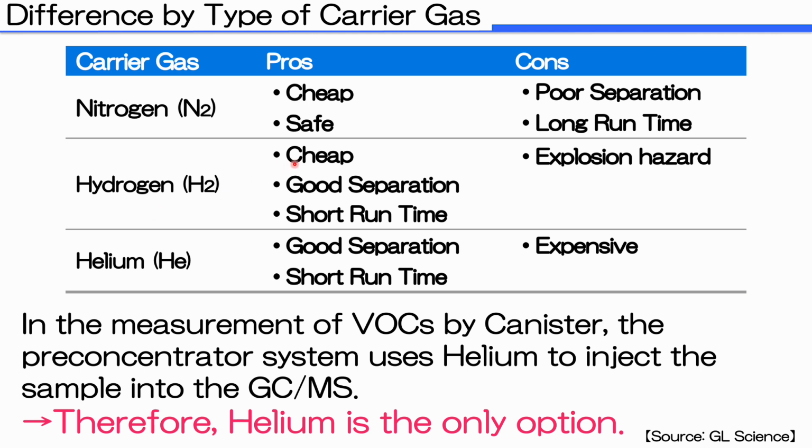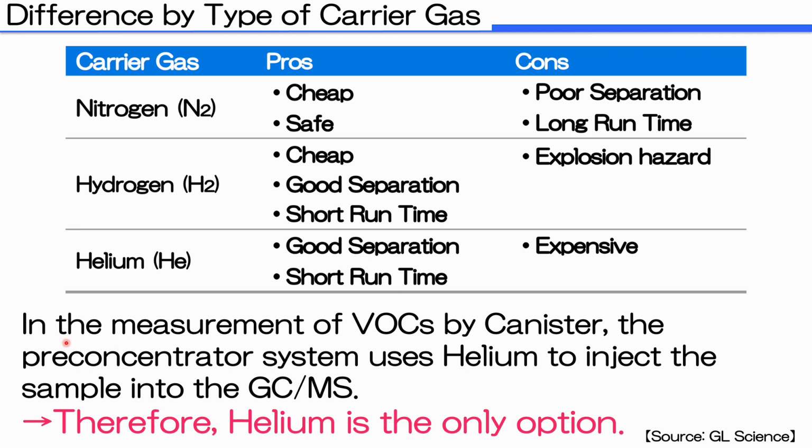Hydrogen is cheap, separates well, and has short runtime, but it is a very explosive gas, so it has to be handled with great care. Last, helium: good separation, short runtime, but it is an expensive gas.